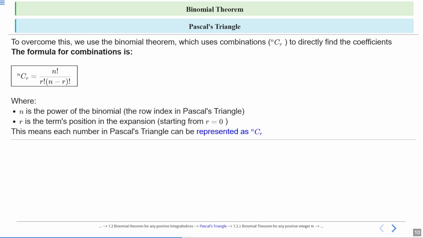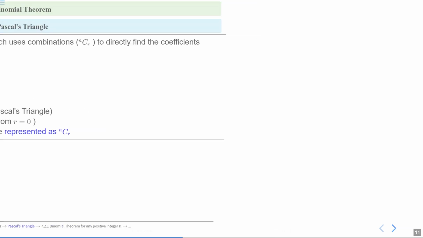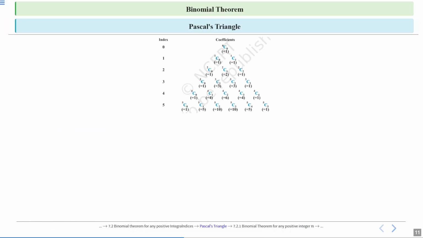This means that each number in Pascal's triangle can be represented in the form nCr. For example, in the second row of Pascal's triangle, we have 1, 2, 1, which can be represented as 2C0, 2C1, 2C2. Now look at this table.